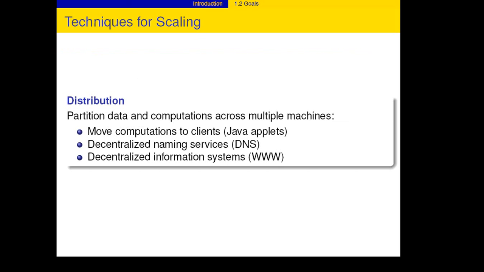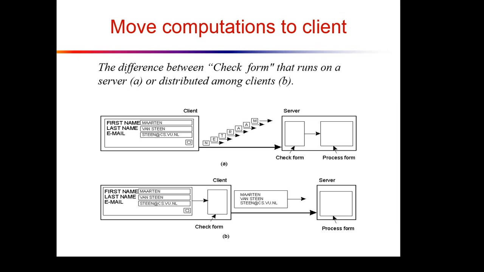The first technique for distribution is moving computation to clients. These figures show this technique, move computation to client: the difference between check form that runs on a server or is distributed among the clients.